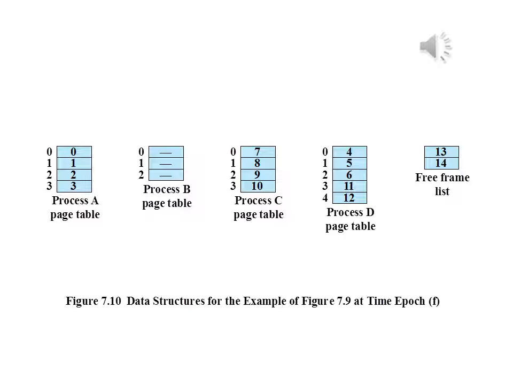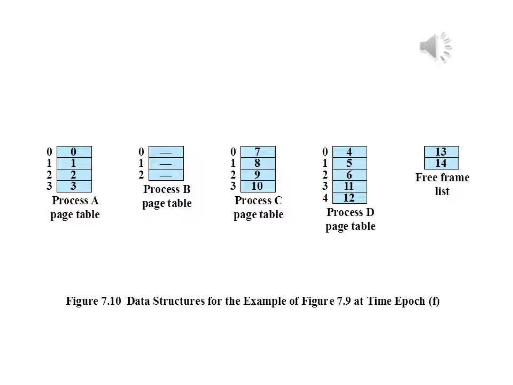Each page table entry contains the number of the frame in main memory, if any, that holds the corresponding page. In addition, the operating system maintains a single free frame list of all the frames in main memory that are currently unoccupied and available for pages.